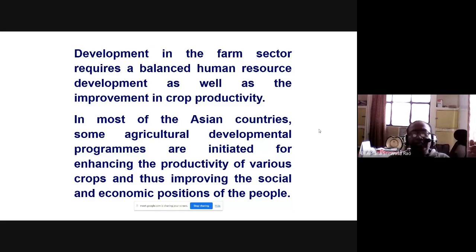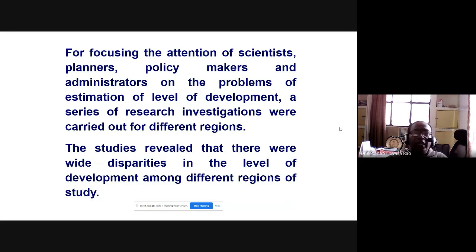Different Asian and African countries have also looked into agriculture development programs. Especially in Asia, there are 39 countries. They have started to focus the attention of scientists, planners, policymakers and administrators on how to develop agriculture and how to make agriculture development sustainable.